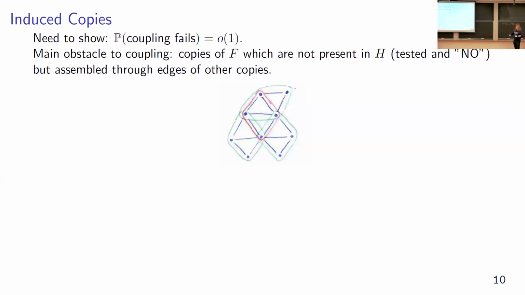But it turns out if you have too many of these copies, then it ruins the conditional distributions. So what can happen is you can have in this picture here the three green copies of K4 with a missing edge. And if they are arranged like this, then you actually see, for example, this red copy that doesn't come from one of the green hyperedges, right?